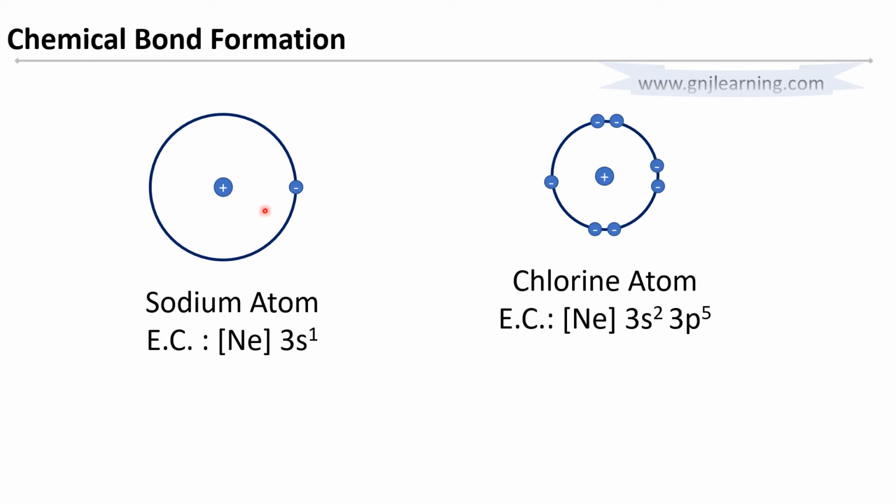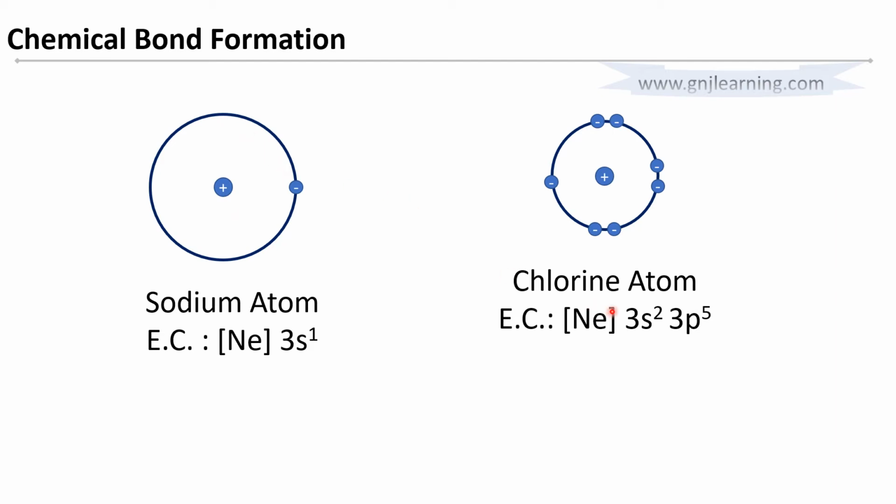The inner shell of sodium has 8 electrons, so if it loses this electron, the second shell will be the outer shell, and then it will have that octet.